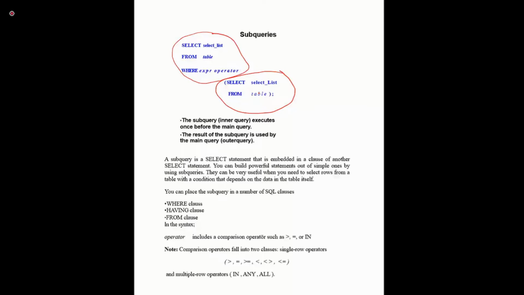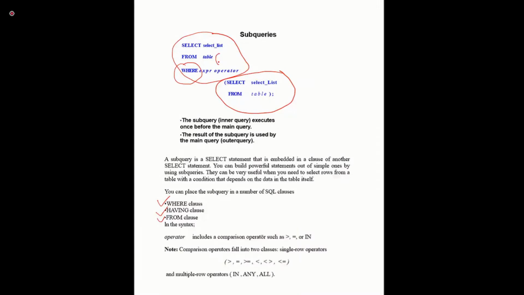As we observe, the where clause is used, but we can use different clauses: where clause, having clause, from clause, and you can place the subquery within these different clauses. Means you can place the subquery within the from clause also.